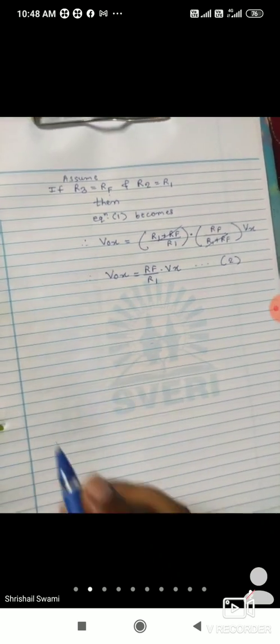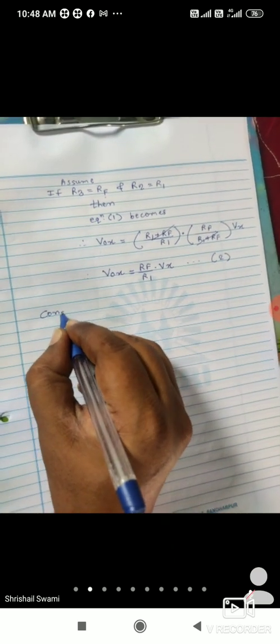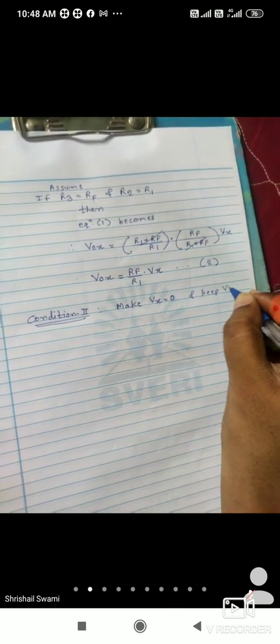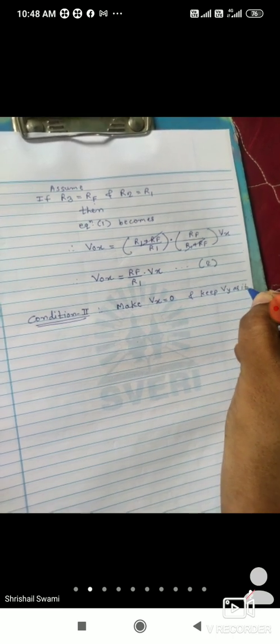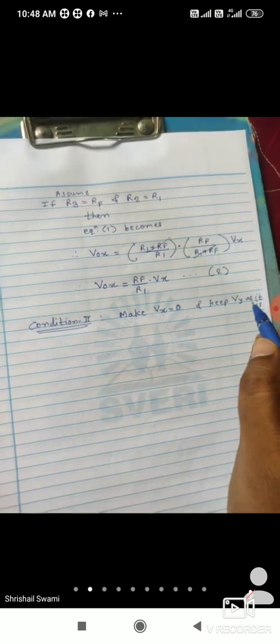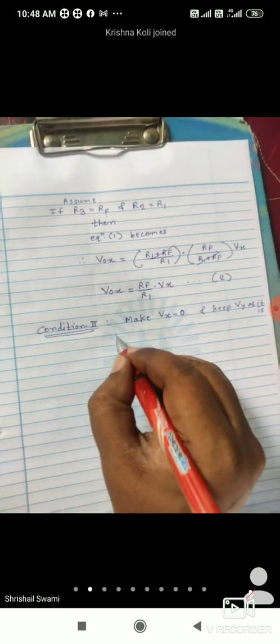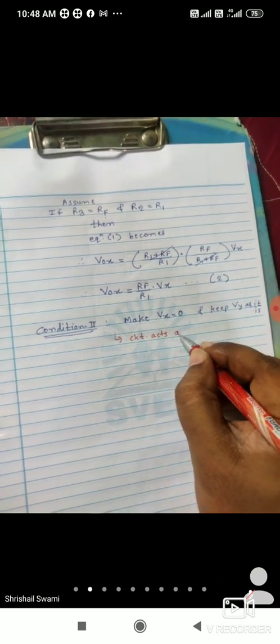You can remember. Now next, condition 2. Condition 2 means here you have to make Vx 0 and keep Vy as it is. So the circuit acts as an inverting amplifier.